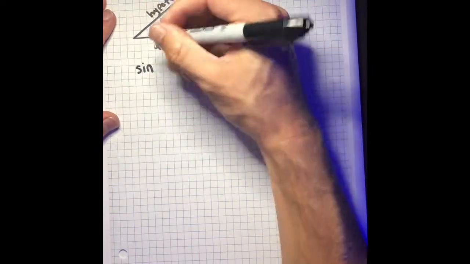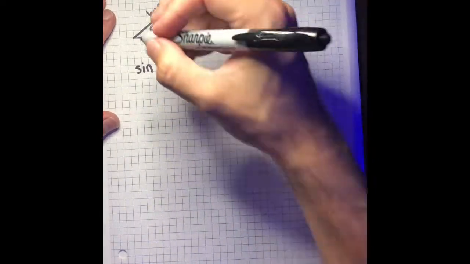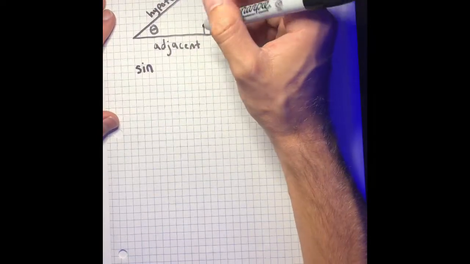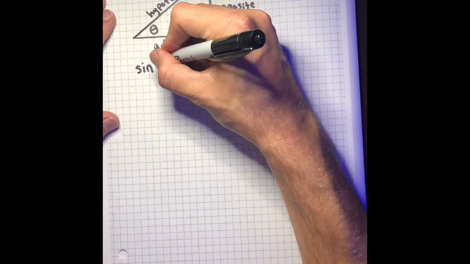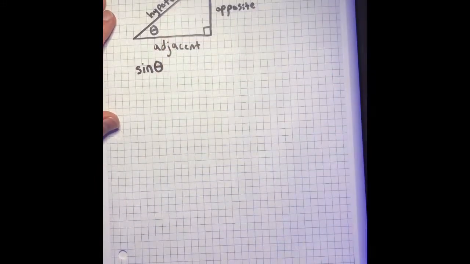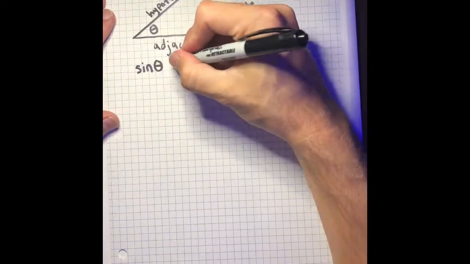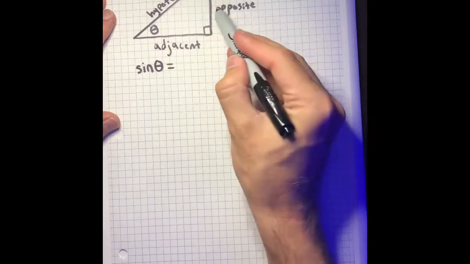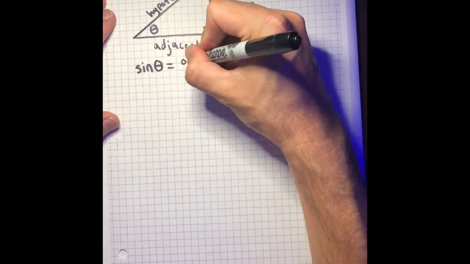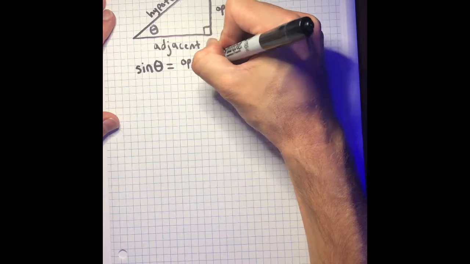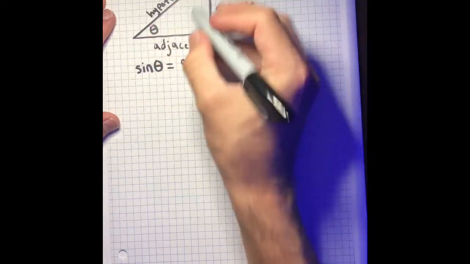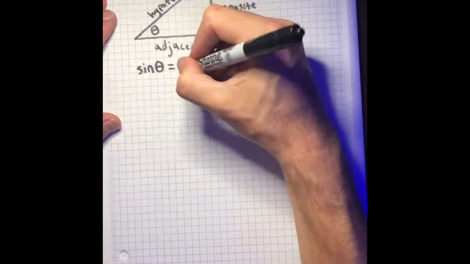It is called sine. It is spelled S-I-N-E, but usually mathematicians just write S-I-N. And we say sine of theta. So sine of theta is equal to this side, the opposite, divided by the hypotenuse.